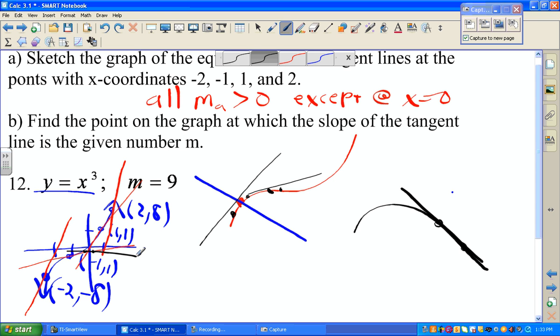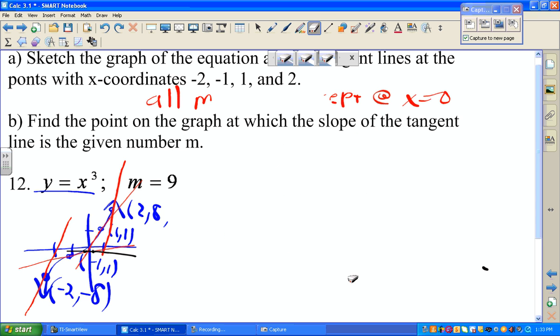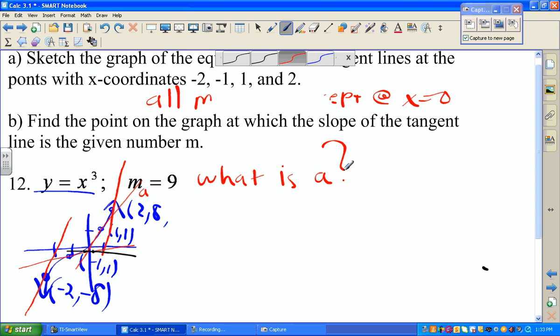Find the point on the graph at which the slope of the tangent line is a given number m. How would you do that? This means m of a equals 9. What is a? Yeah? Right.